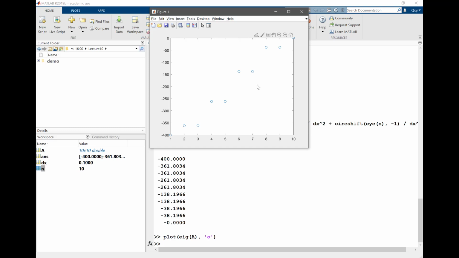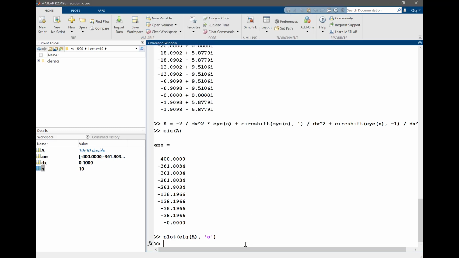Basically, we see these pairs coming up, so there are two identical eigenvalues, but it's still not very easy to see a pattern. So how about we look at something with a different n? Okay, let's use another n.